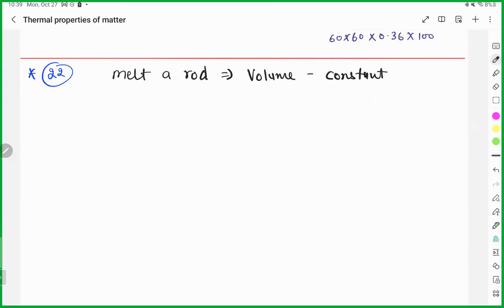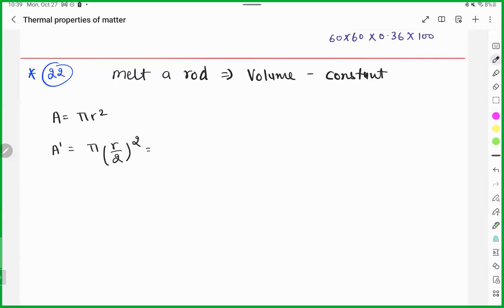Example, initially the radius of the wire was r. So the area of the rod will be equal to pi r square. New area will be with new radius r by 2. The question mentioned that the new radius of the rod is half of the original radius.